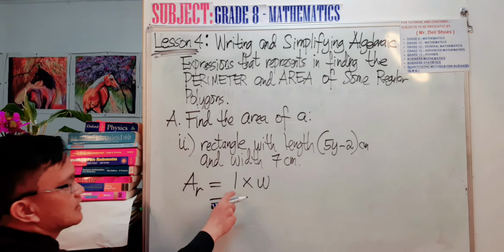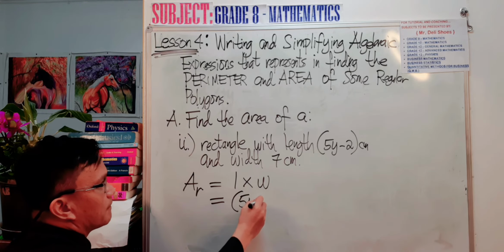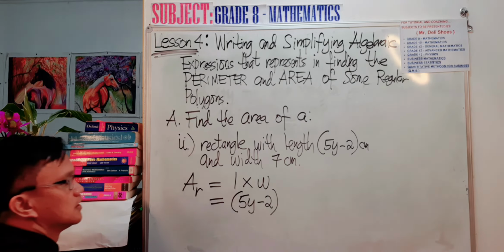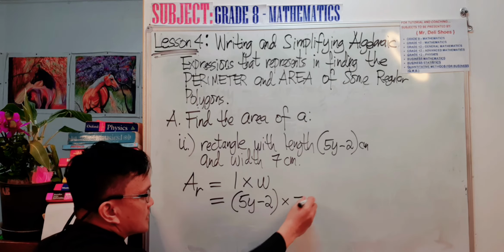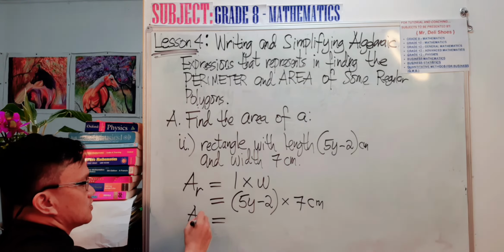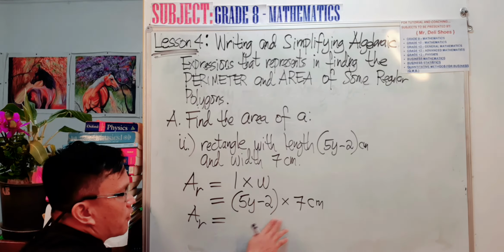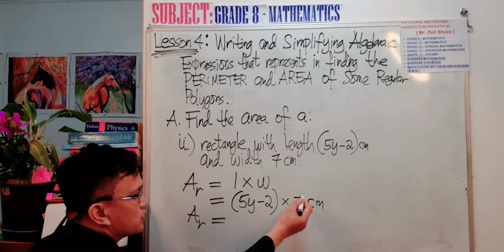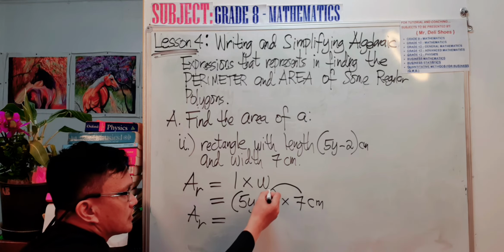So our length is open bracket 5y minus 2, multiplied by our width 7 centimeters. So this is straightforward, grade 8 students. When you are going to perform this, you are going to expand using the distributive property.